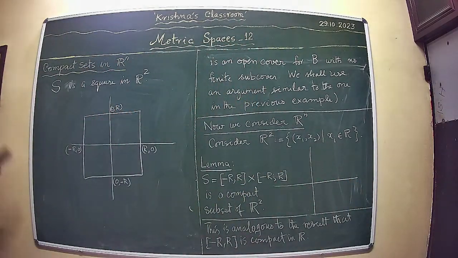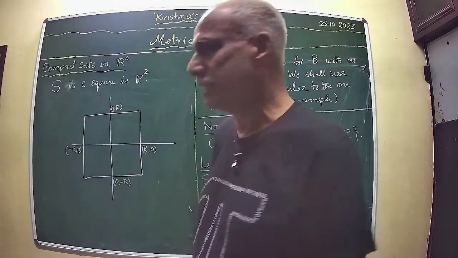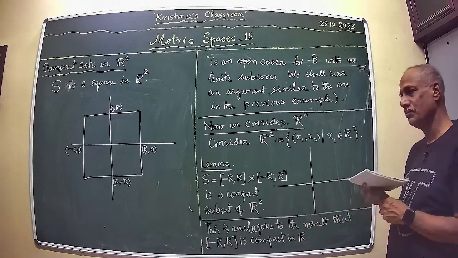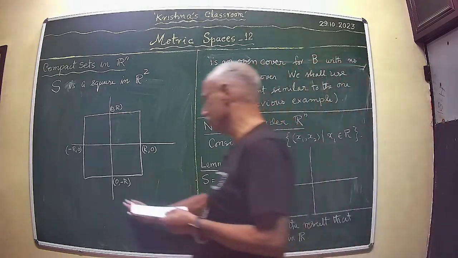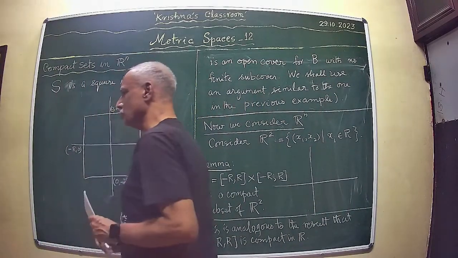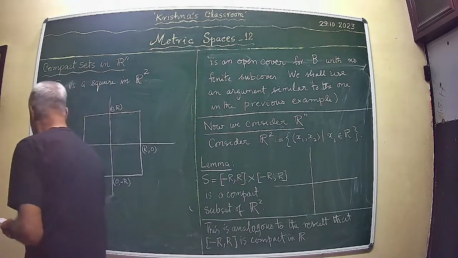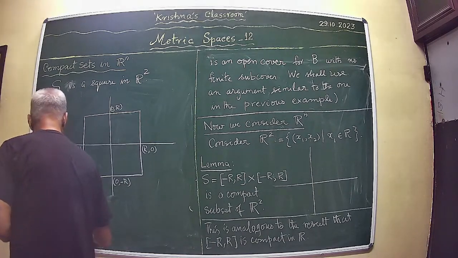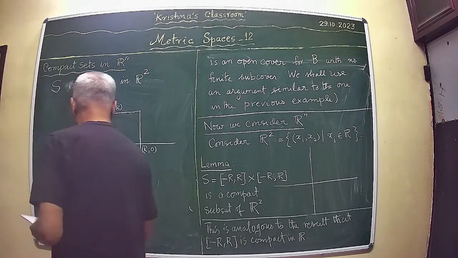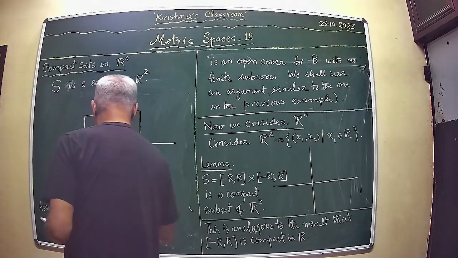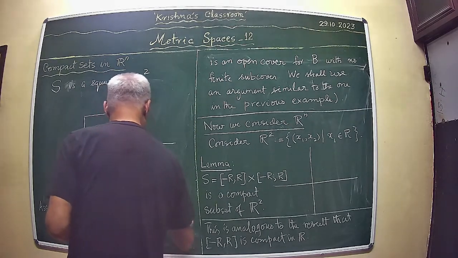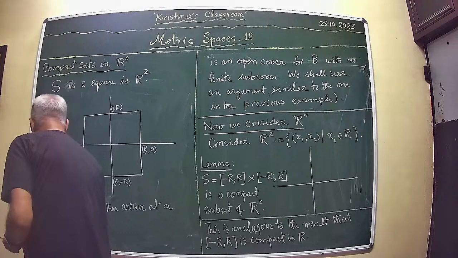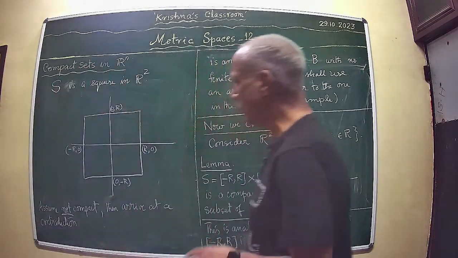Now, the procedure to show that this is compact is exactly as we did it in the case of closed bounded intervals in R. So you assume this is not compact. What do we mean by compact?